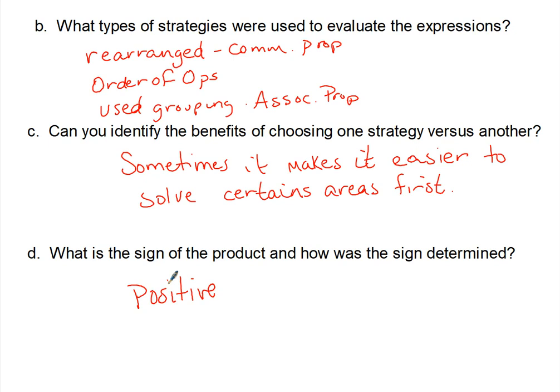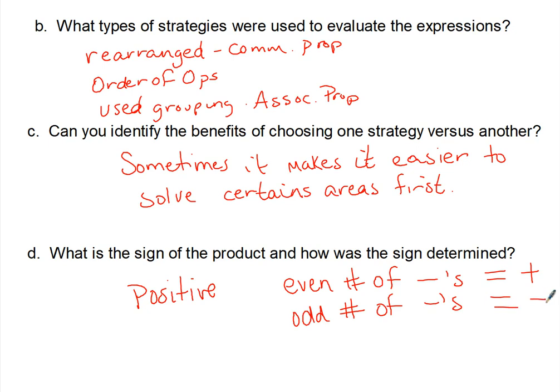Well, an even number of negatives equal a positive, and an odd number of negatives equal a negative. So if they have a partner that they can match up with, it'll always be an even answer. But if it doesn't, then it's going to be an odd.